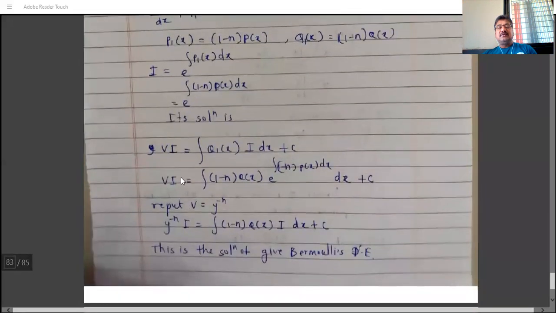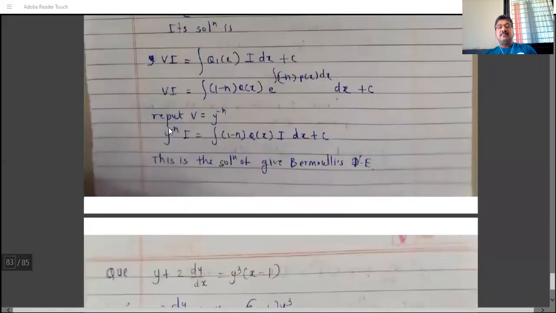So y raised to 1 minus n into I, where I is e raised to integration of 1 minus n P(x) dx, is equal to integration of 1 minus n Q(x) I dx plus constant. This is the general solution of the given Bernoulli's differential equation.